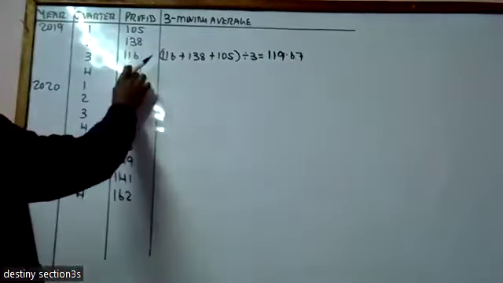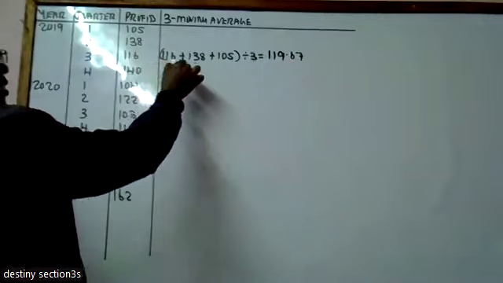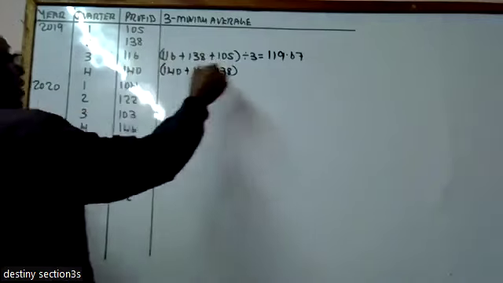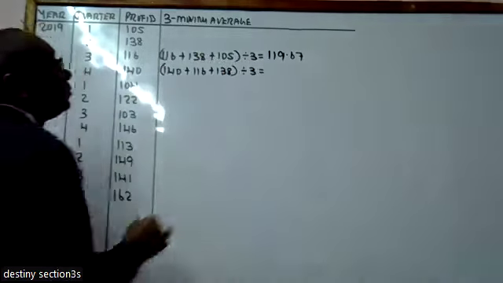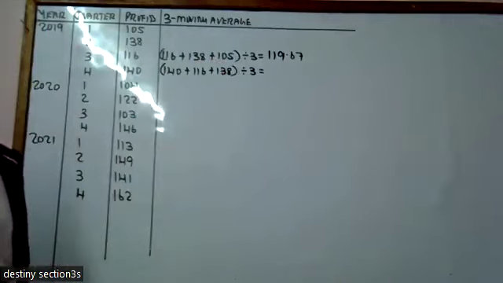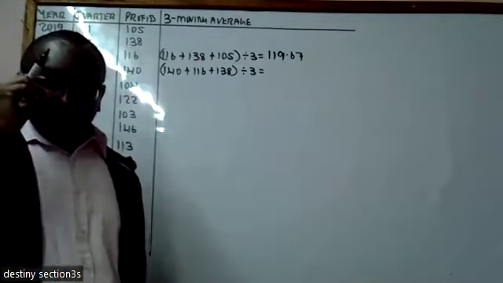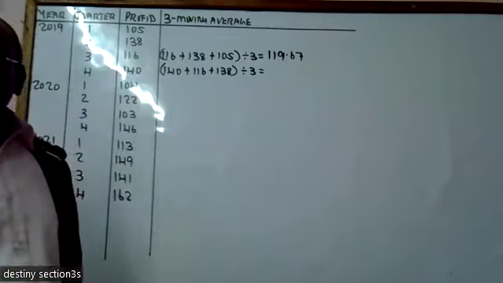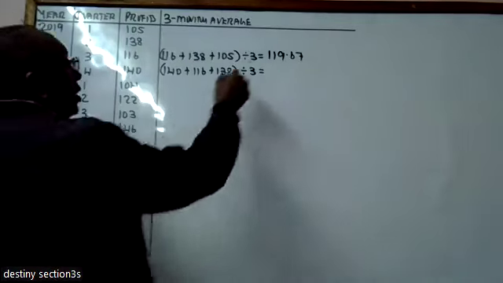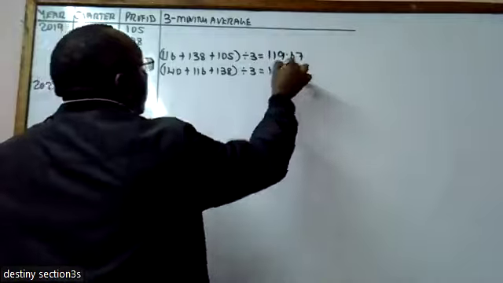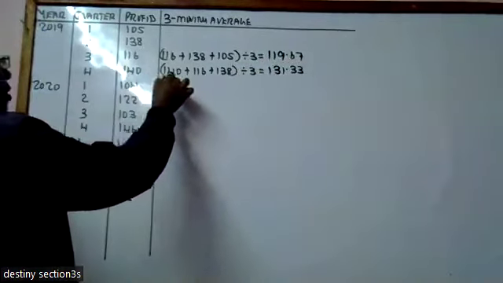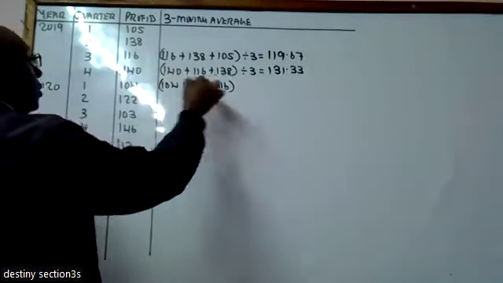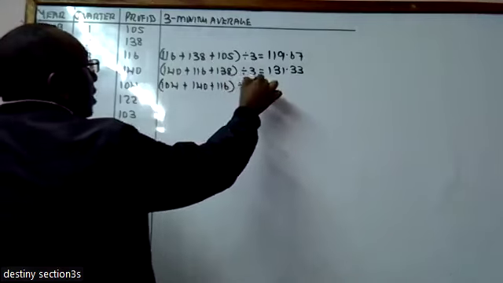Then you come to this one: 140 plus 116 plus 138. You take this one and go back 3 of them. Then 104 plus 140 plus 116, you divide by 3.